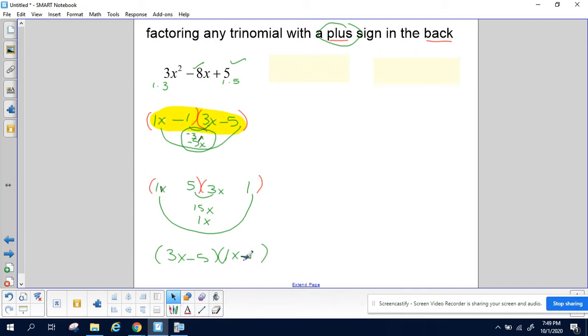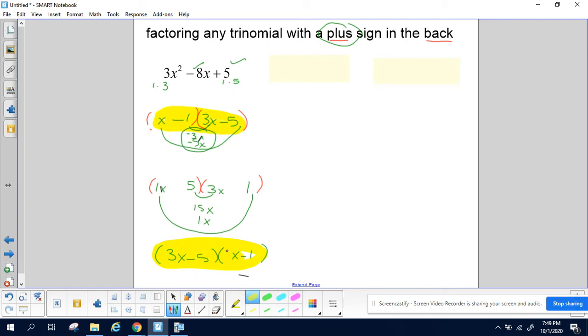And last little thing to mention on that, if it's 1 times x here or here, you get to leave off the 1. So I'm going to erase, because 1 times a number is itself. So 1 times x is x. And here 1 times x is x. So the top one in yellow or this one down here, I guess I would need to use yellow.